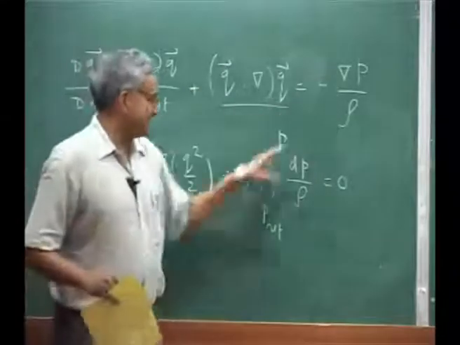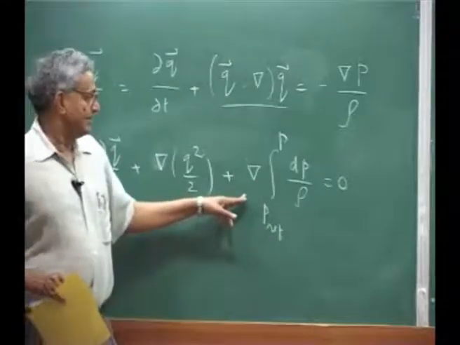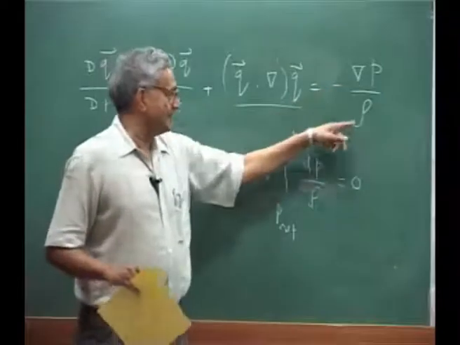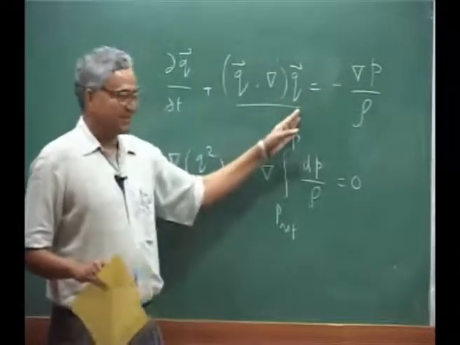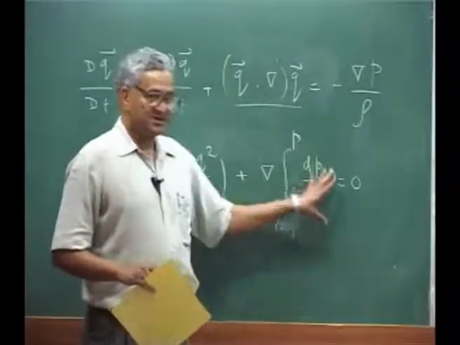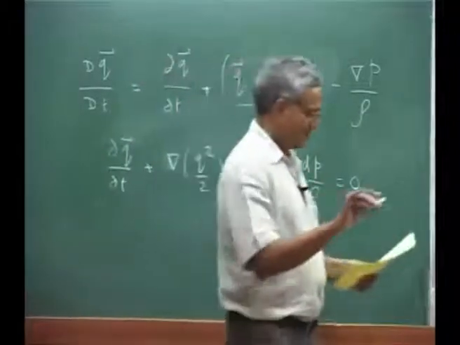Okay. How this is written, that minus del p over rho, because the minus sign I have brought it here. This particular exercise is just some little algebra.